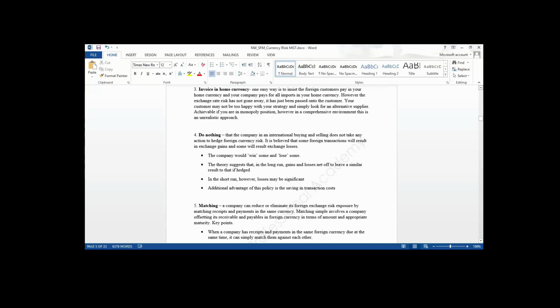The extent to which this can be matched will give rise to netting. Let me explain that briefly.